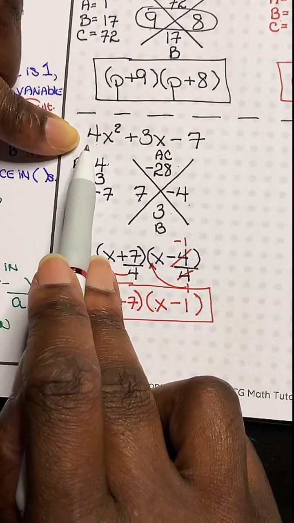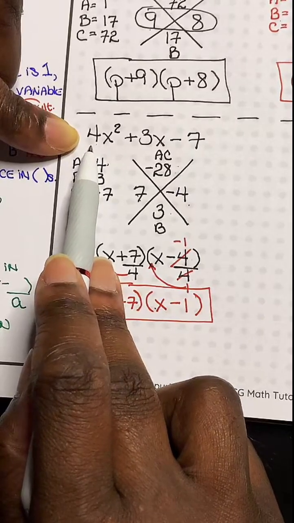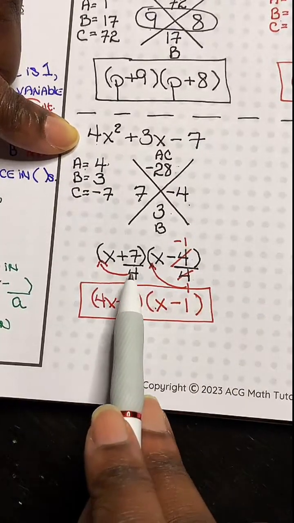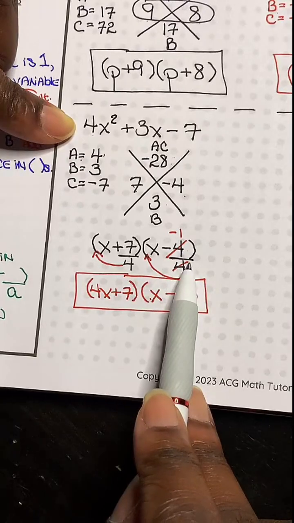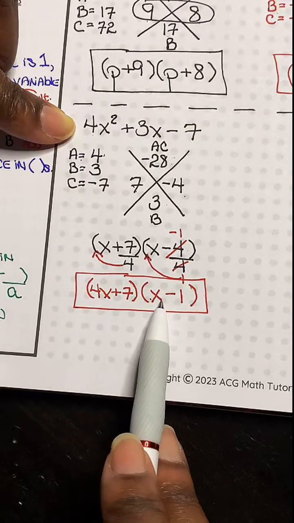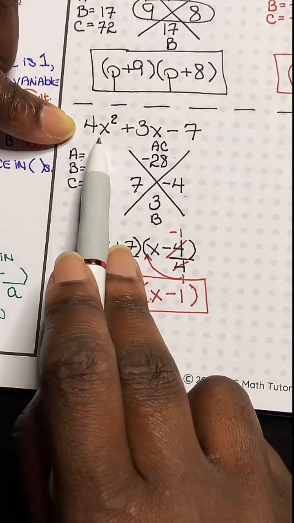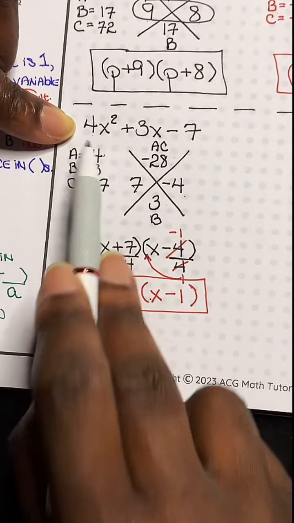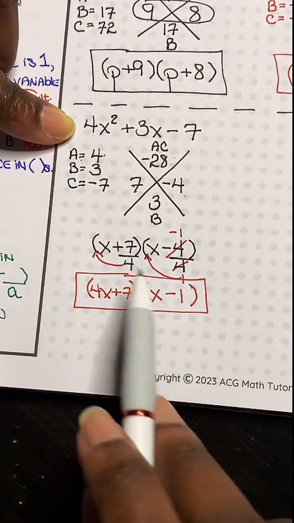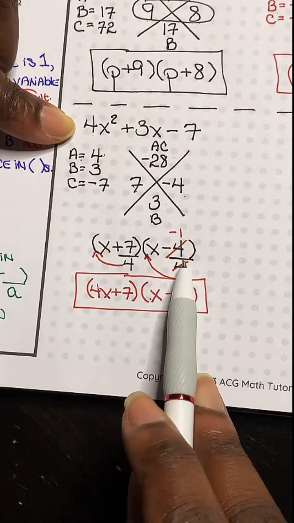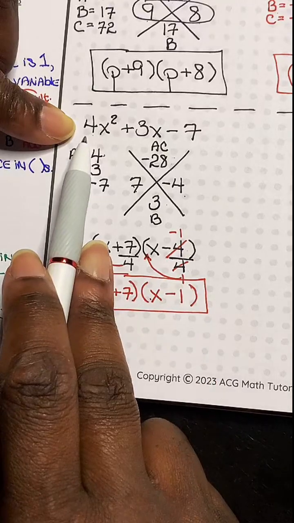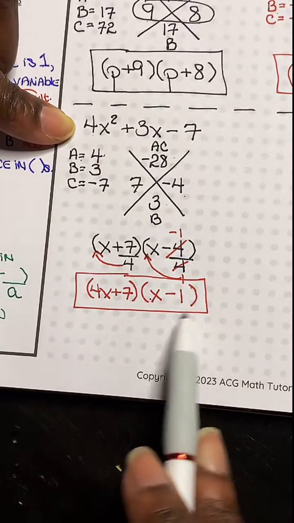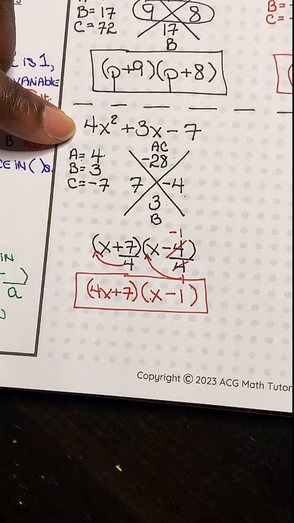But I need a 4 to come back. If the 4 is not coming back, that means I need to divide it. So 4x times x gives me 4x squared. That's what we're looking for. So you have to divide by whatever your A value is so you can complete the factors.